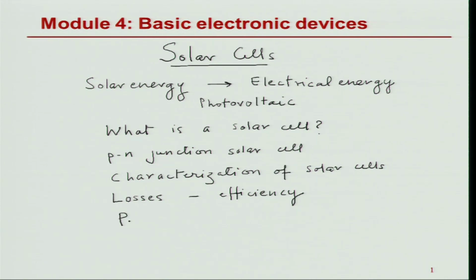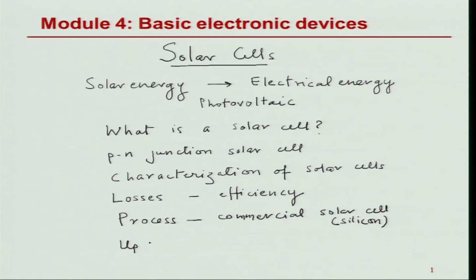Then we will look at a simple process which is used for making commercial solar cells. This is basically in silicon, and I will give a brief update of the field on where we are right now.